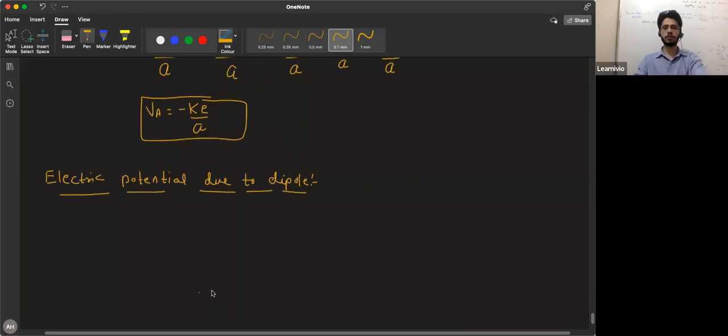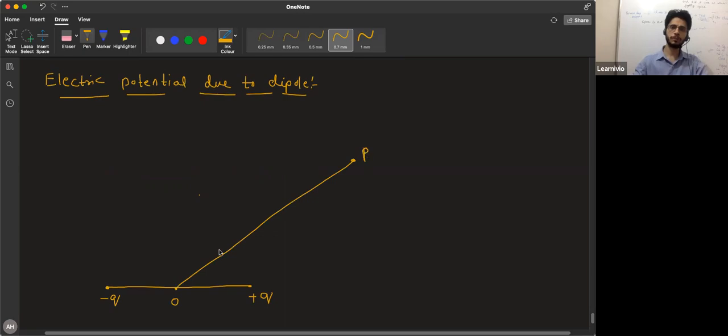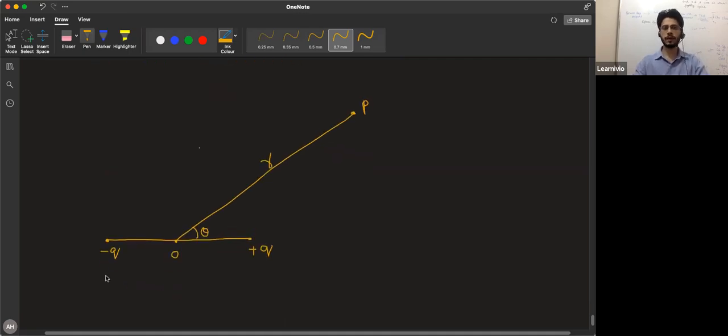Say one charge is negative, another charge is positive, and this is the center of the dipole. From the center, you are supposed to calculate potential at this point P. The separation is R and this angle is theta. The total length of the dipole is 2a, so this is A and this is A again.